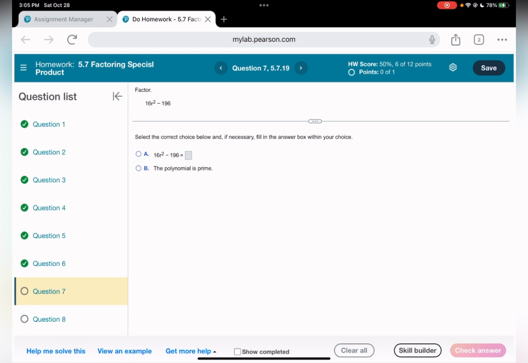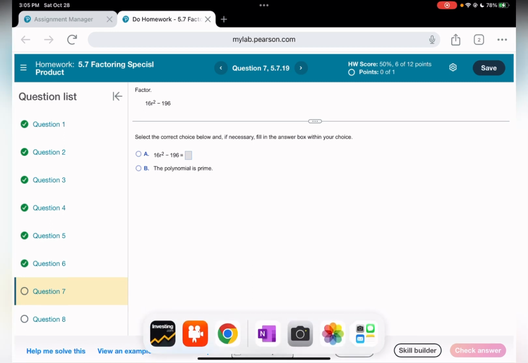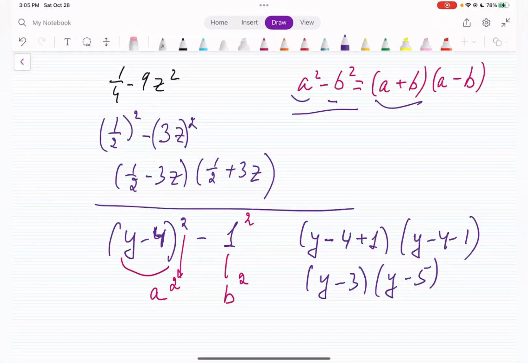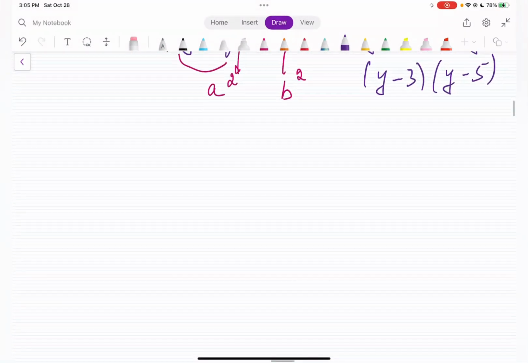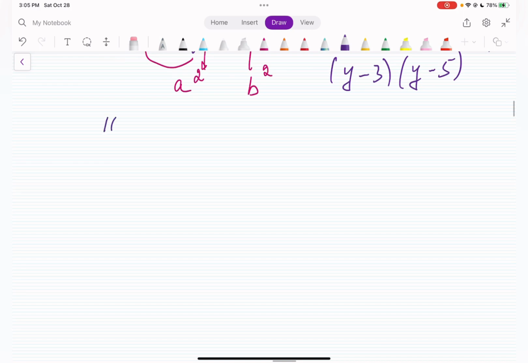Let's see. 16t squared minus 196. Let's assume I have no clue how much I can take out overall. It's a common factor. So I'm going slow.